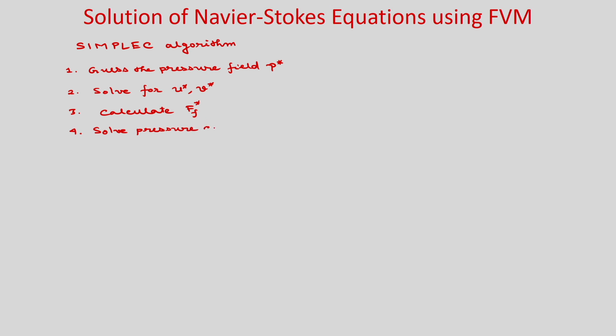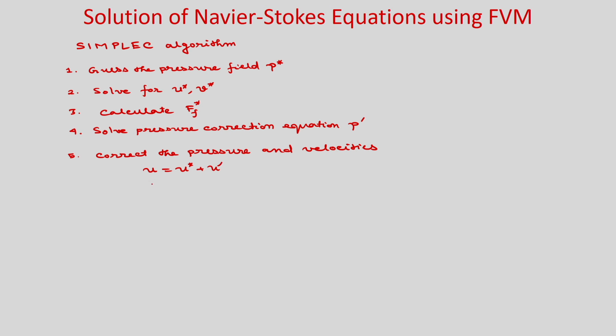Once you know the F_f star, you can solve the pressure correction equation for p prime. Okay. Now, you correct the pressure and the velocities, but do not under-relax the pressure. So, you correct u as u star plus u prime, v is equal to v star plus v prime, and p is equal to p star plus p prime.